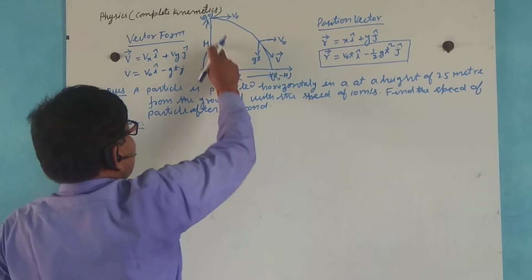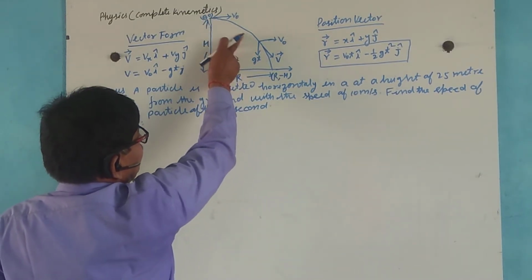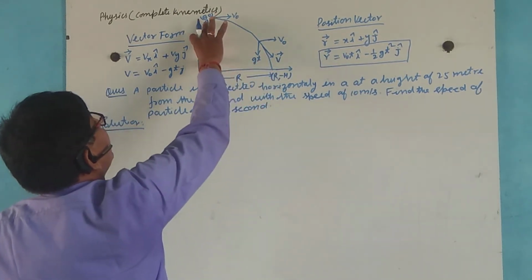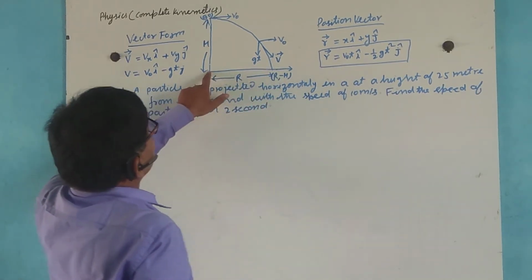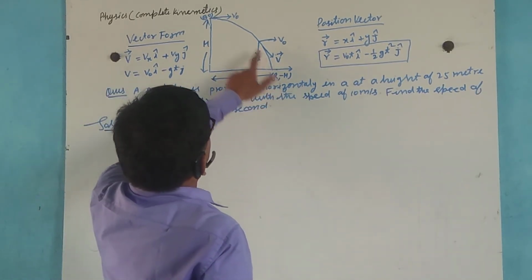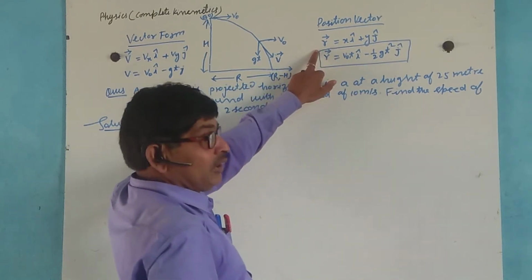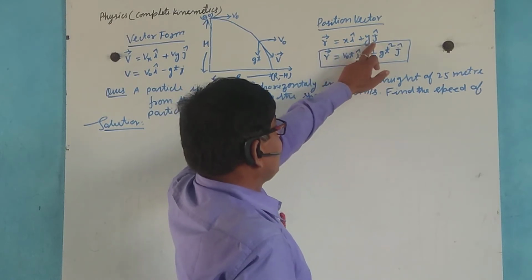Here in this figure, this is the origin, this is the range and this is the height, so this point is x, y, which is r, with minus h here.